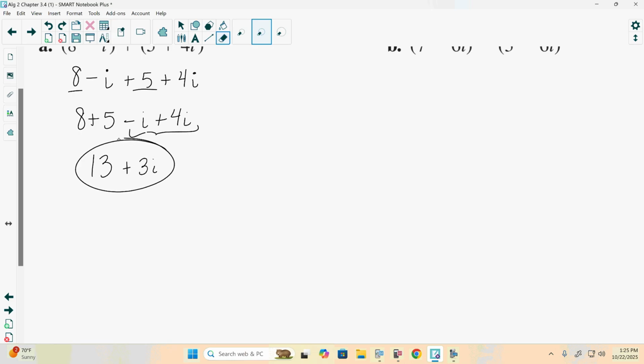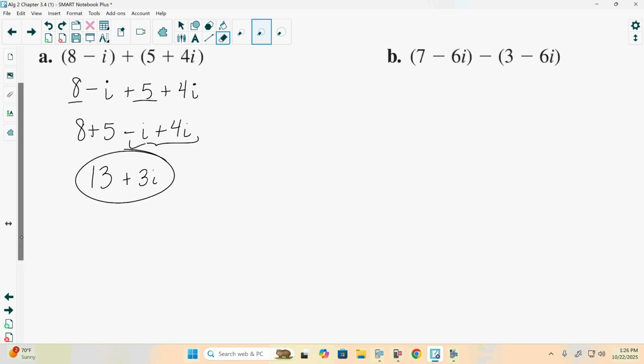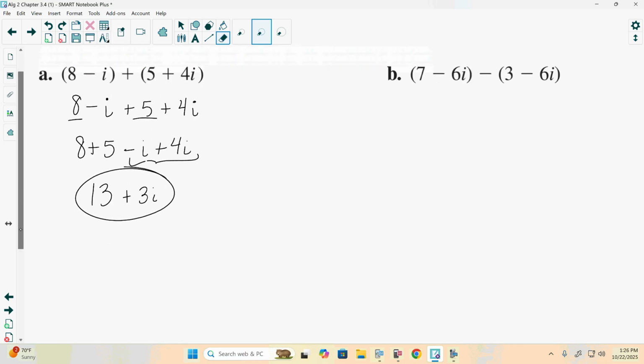Yeah, that's it. Because for the most part, we can treat i like we do most variables. The only thing that we can't do with variables is if i gets a power greater than 1, we have to simplify it. With variables, if it becomes x squared, x cubed, x fourth, we leave it, it's fine. So here we get 13 plus 3i.